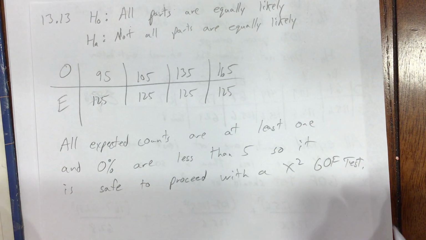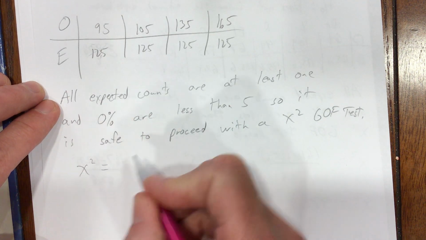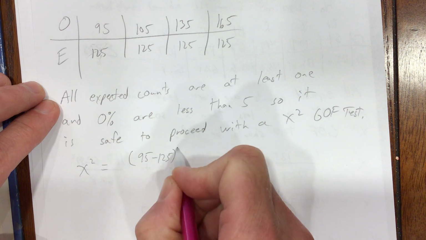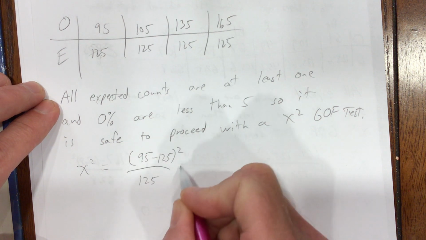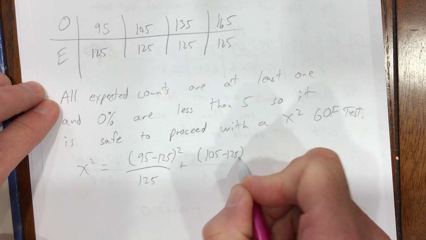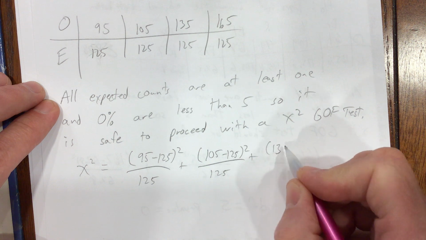Yay! All right, so getting our chi-square. Observed minus expected, squared over expected. And continue. I'm just going to write them all this time. There's only 4 of them.